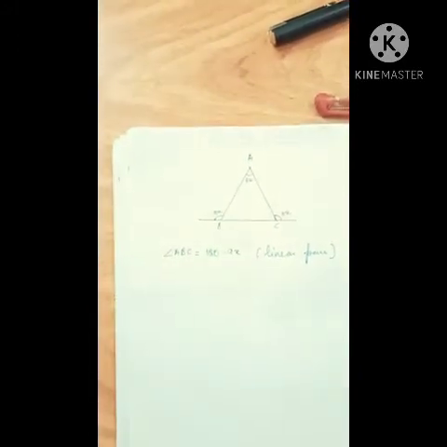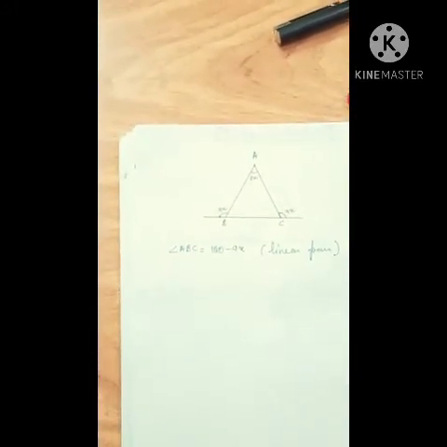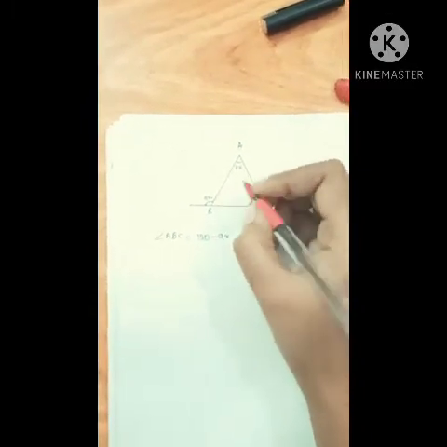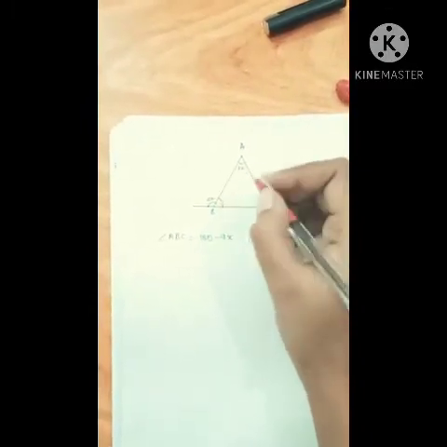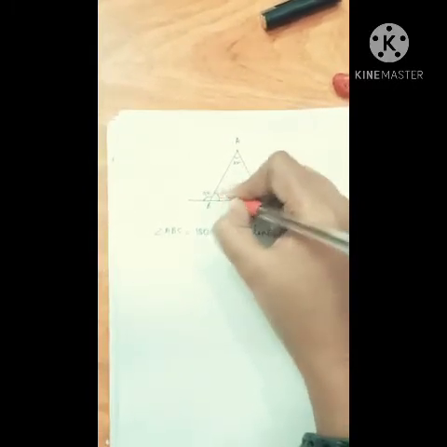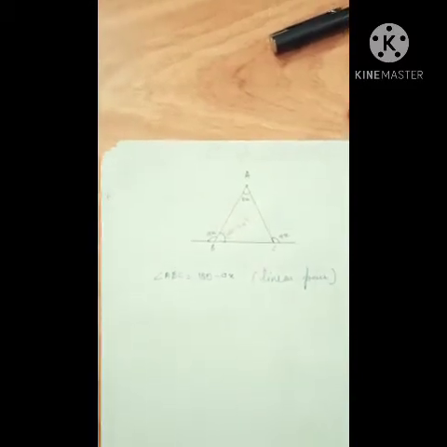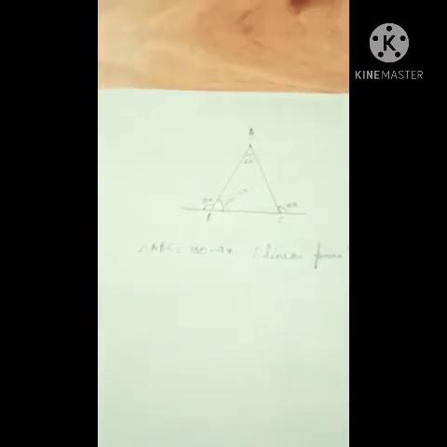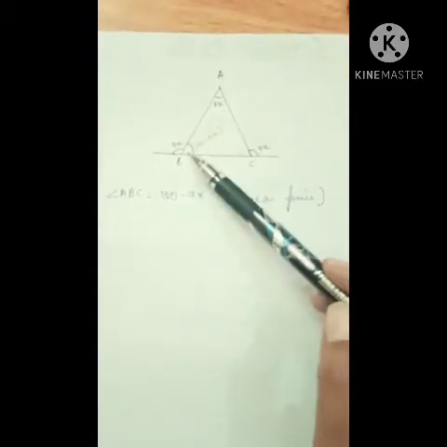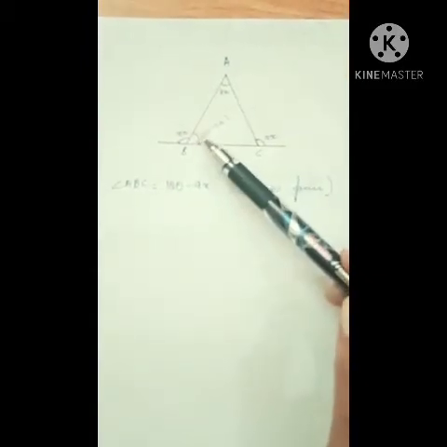They are forming a linear pair, right? So this angle is 180 minus 9x. Okay? Now you can see that this is the exterior angle and these are the opposite two angles, right?